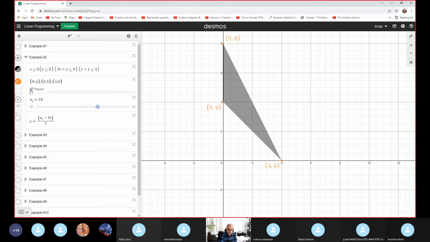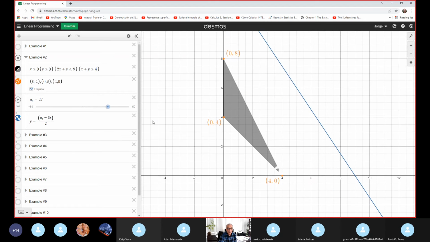And you take the objective function and solve for y. I call it not C but A: A1, A2, A3, A4 in any example. And you see this. Look, let me show you.